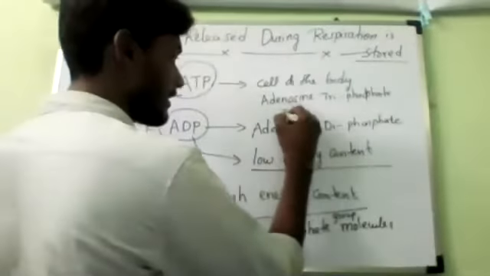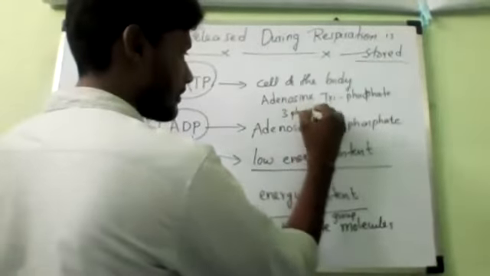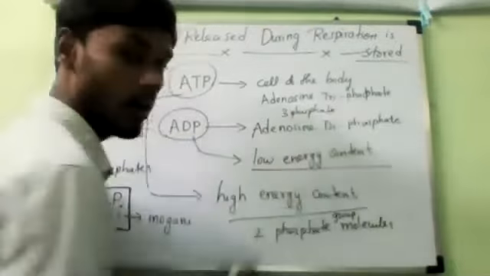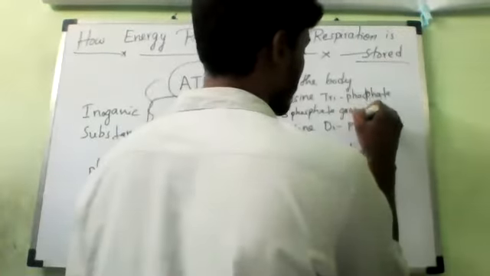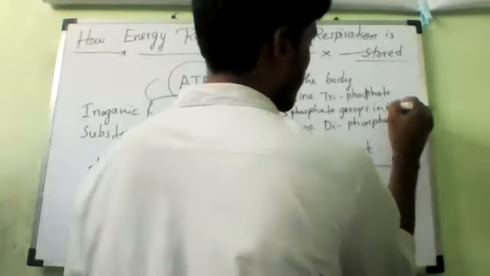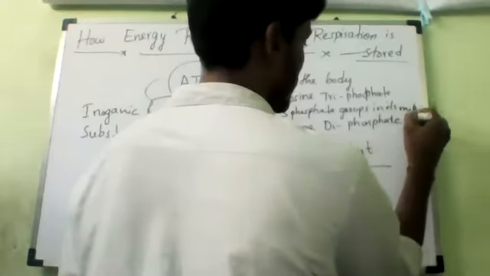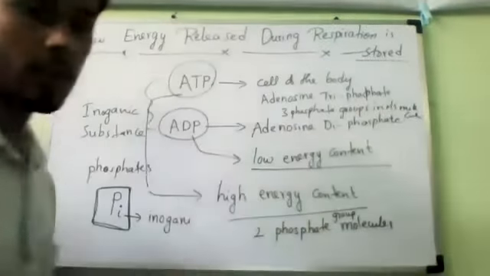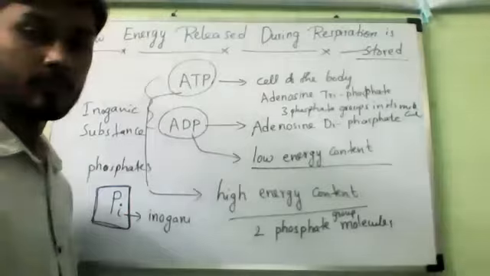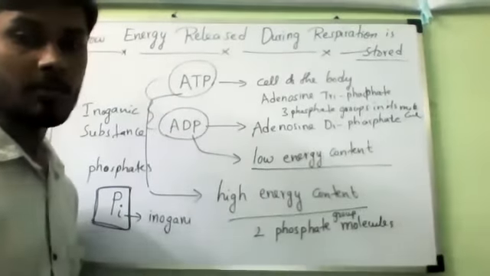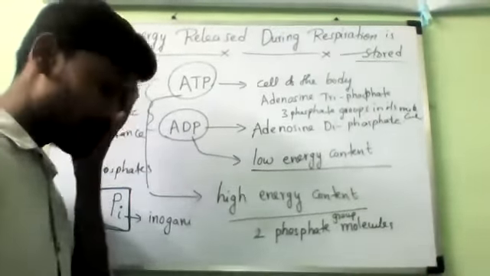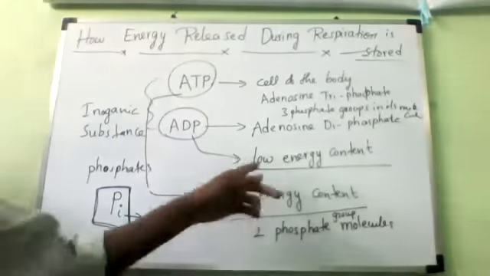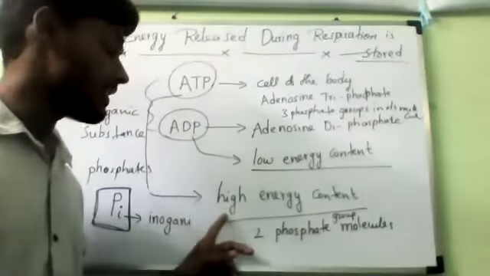ATP contains three phosphate groups in its molecule. Please note it down. This is all very important. Then only can we go for releasing energy. Note this: low energy content, high energy content.